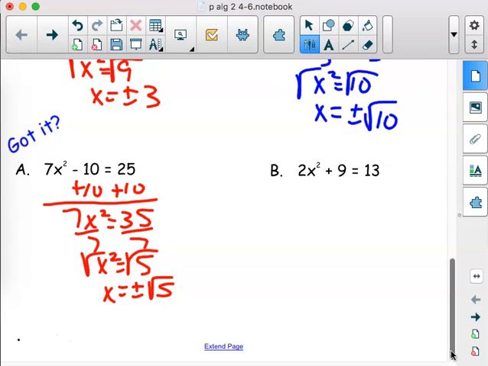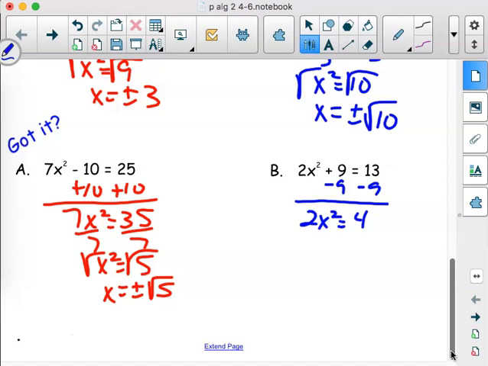Alrighty, got it. B, please. Subtract 9. Subtract 9 from both sides. Then divide by 2 on both sides.